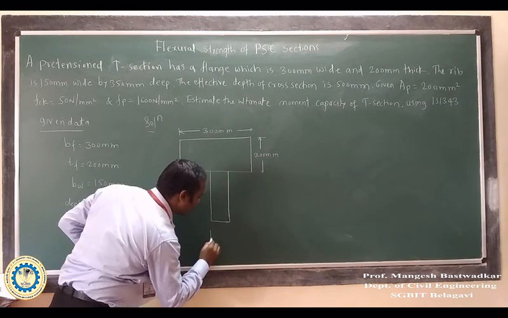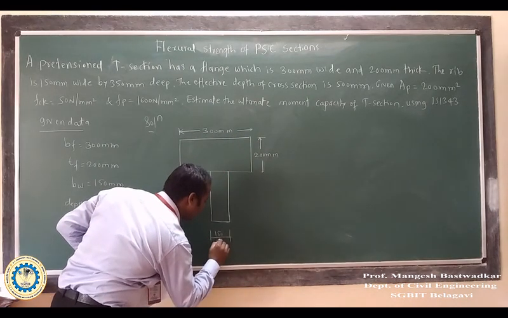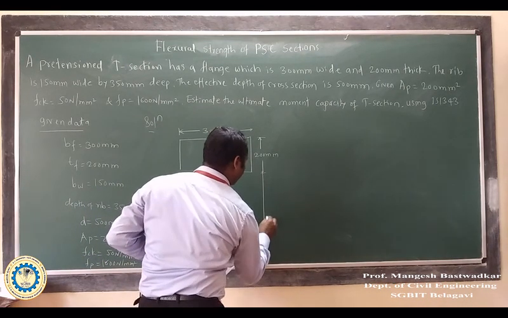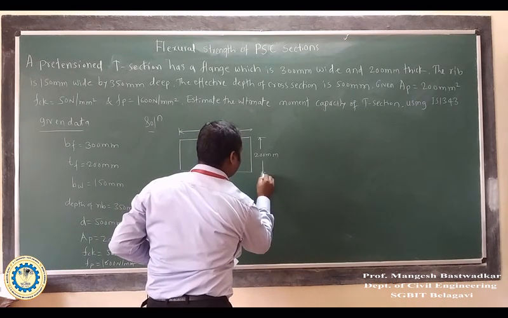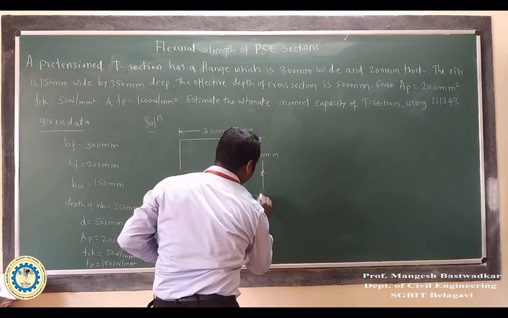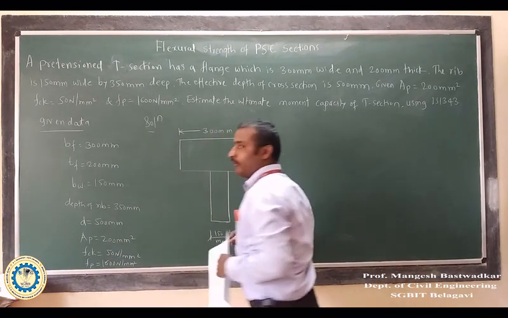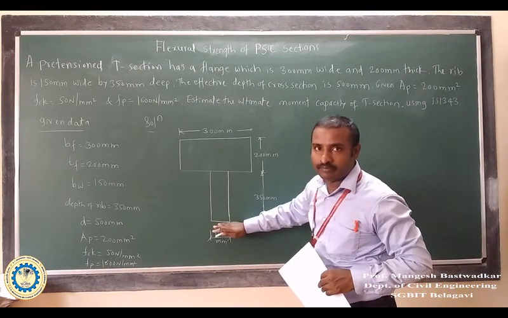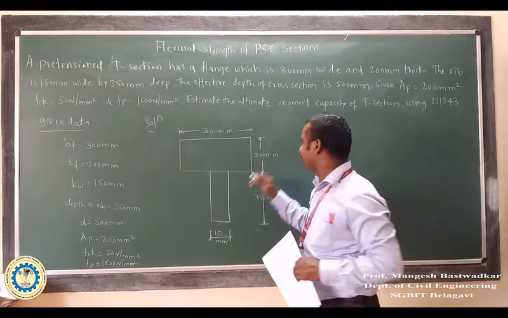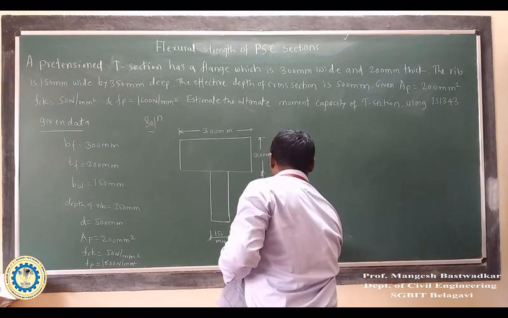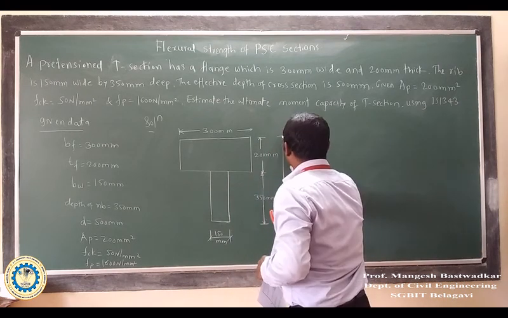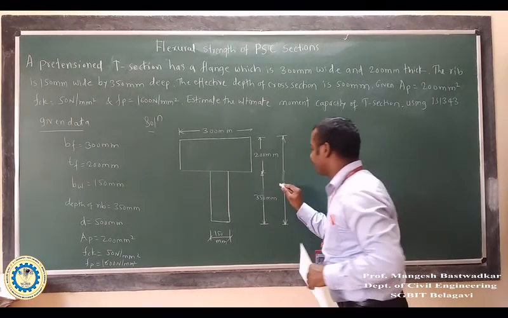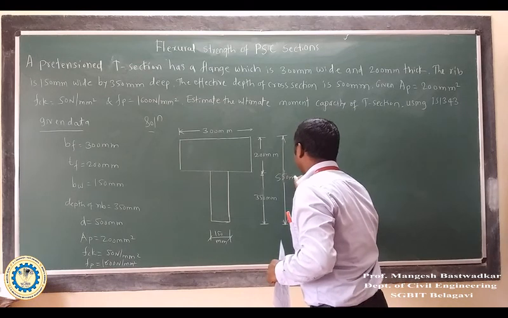Then width of the rib is 150 mm, and this depth is given as 350 mm. Therefore the overall depth is the extreme top fiber to extreme bottom fiber. This distance is the overall depth. So overall depth is how much? 350 plus 200, so it is 550 mm.